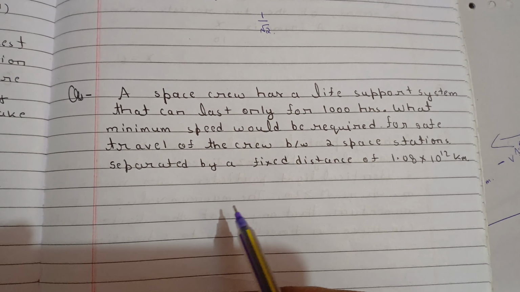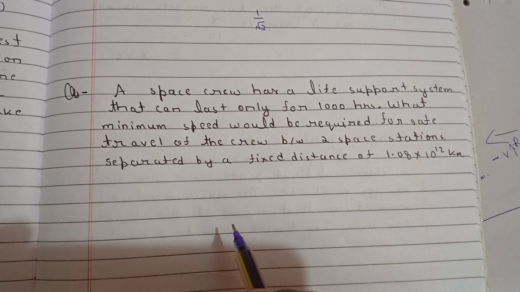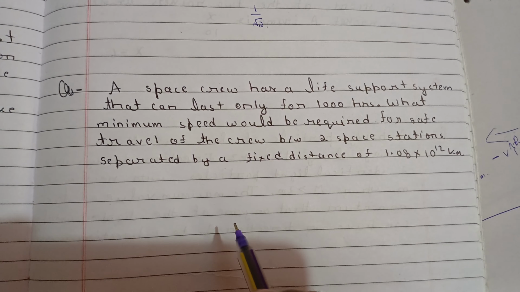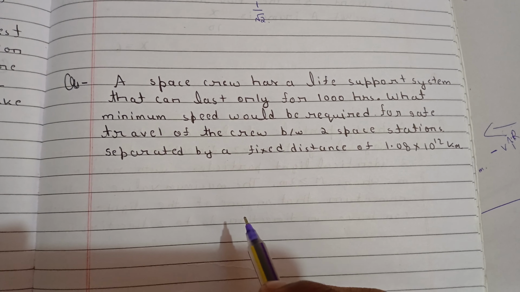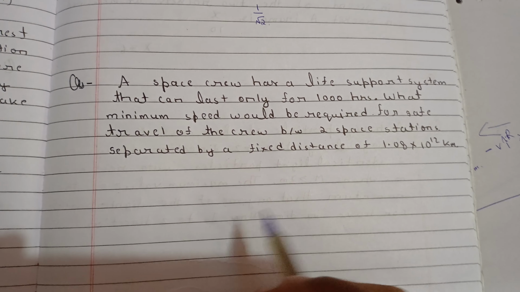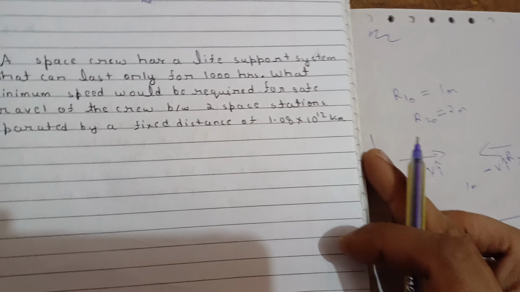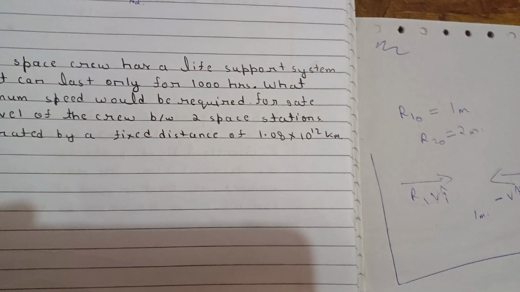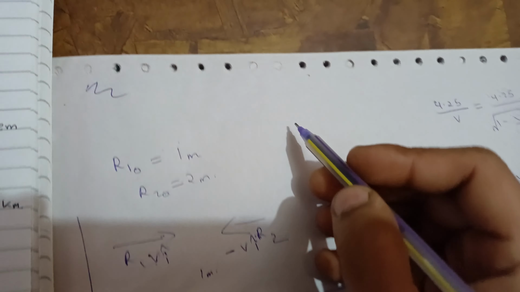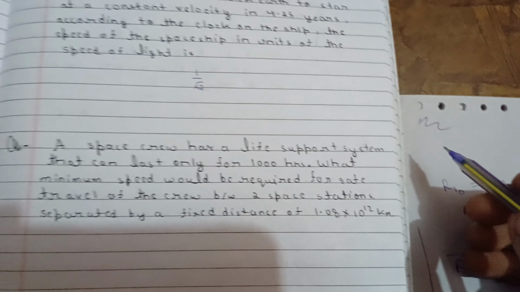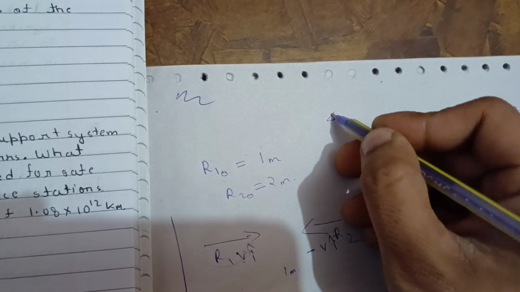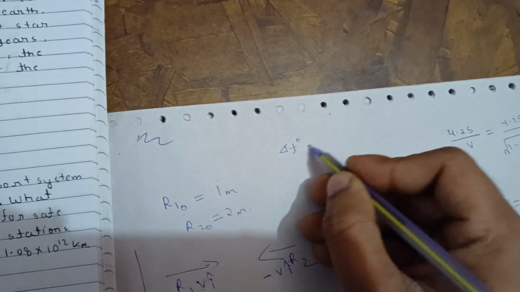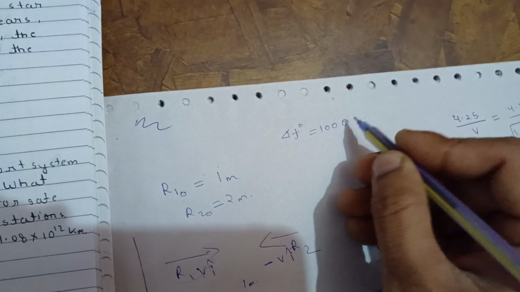A space crew has a life support system that can last only for 1000 hours. What minimum speed would be required for safe travel of the crew between two space stations separated by a fixed distance of this? It can be solved in two ways. First, it is given that the life support can last only 1000 hours, and 1000 hours is in the original frame, in the spaceship.